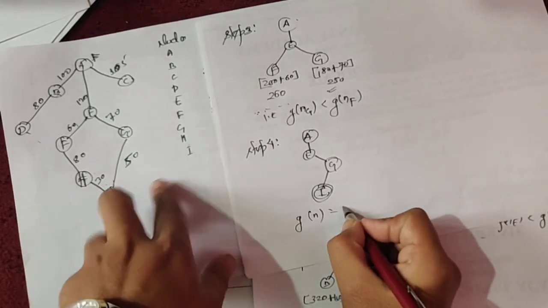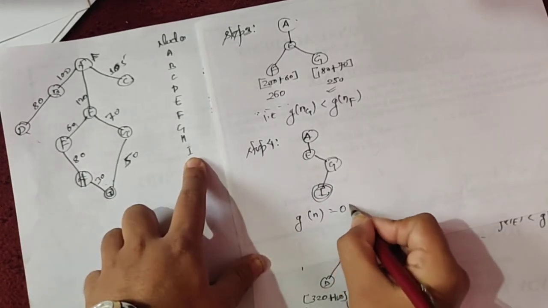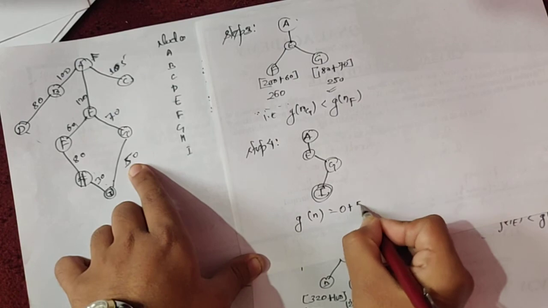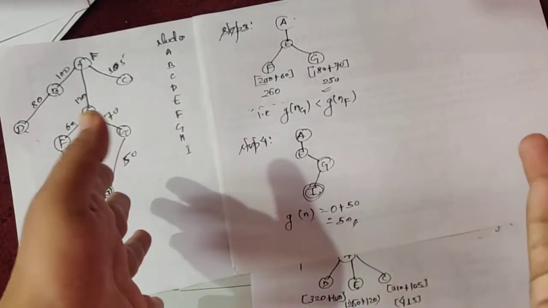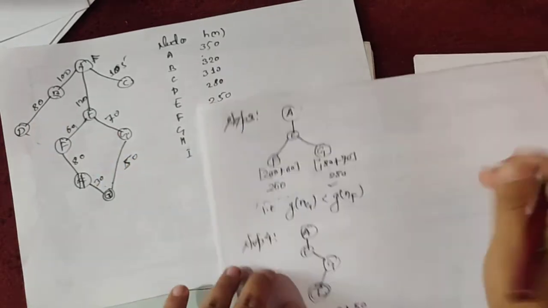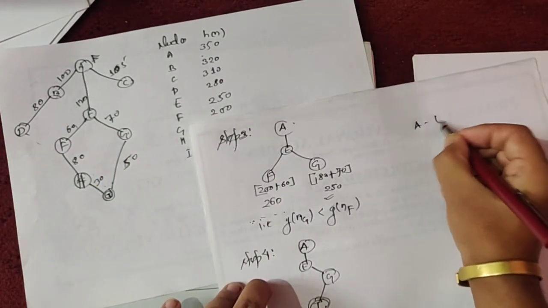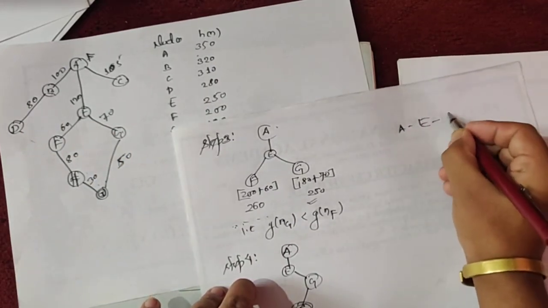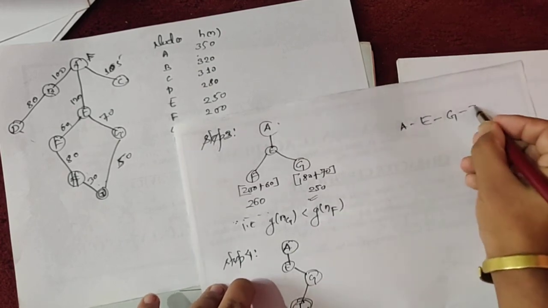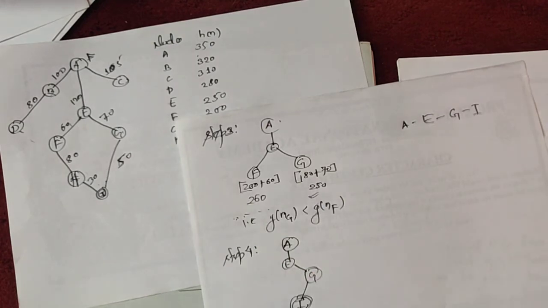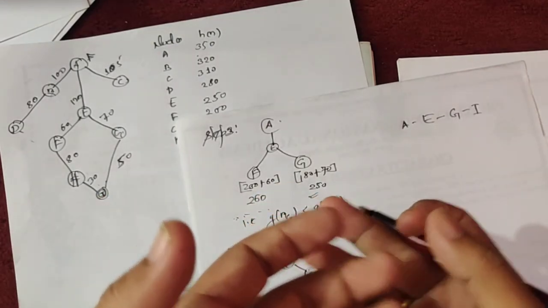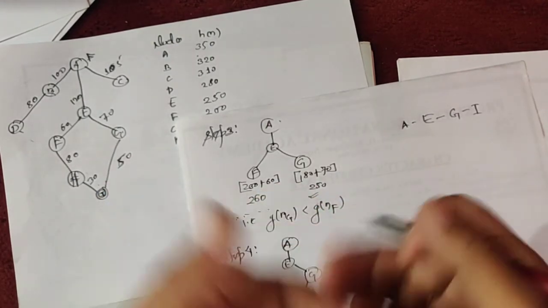It is 0 plus distance 50, so it is 50, and only a single node. So we reach the goal node, and the path is A to E to G to I. Similarly we calculate the path cost, total distance cost, and total cost as previously.